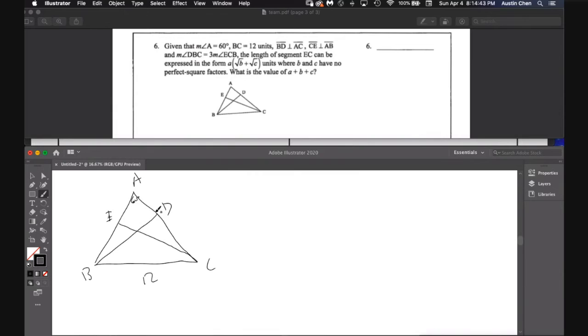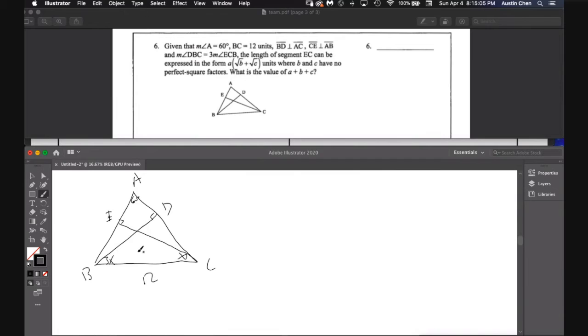BD is perpendicular to AC, so like right here. And CE is perpendicular to AB, so like right here. And the measure of DBC is 3 times the measure of ECB. So if we call ECB x, then DBC will be 3x.